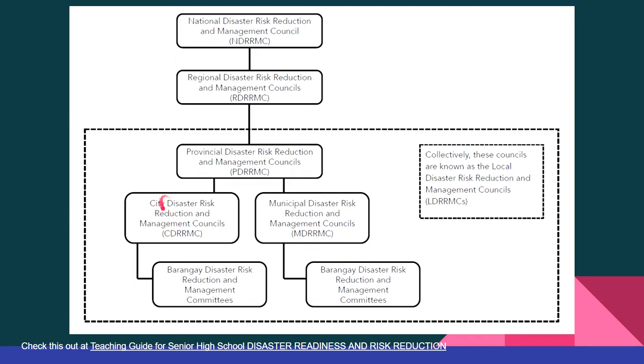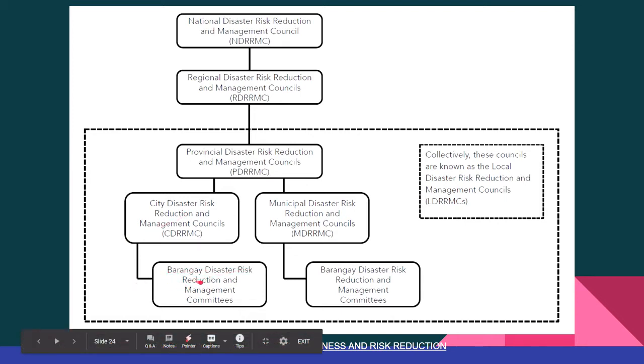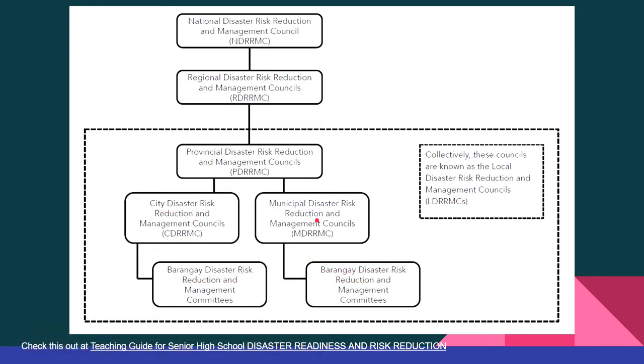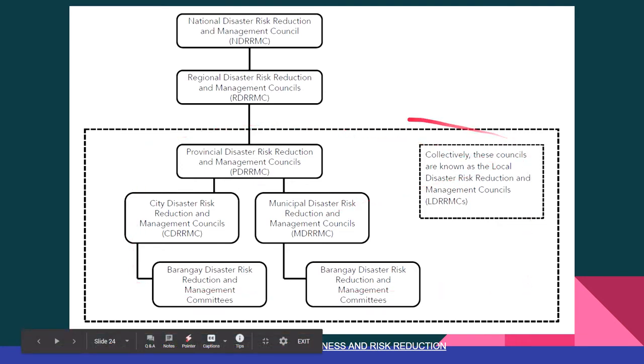If you live in a city, city disaster risk, then municipal disaster risk. Under the city disaster risk, you have your barangay disaster risk reduction management. It's the same for the cities and municipalities. So these are for the local government units. These are your local DRRMCs.